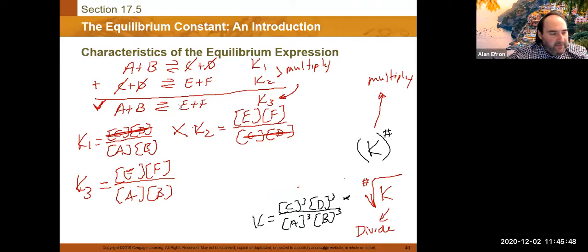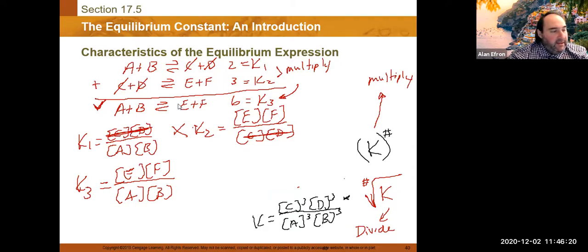So if you have to add two reactions together, or three reactions together, to get an overall reaction, and you're interested in what the K value would be for the overall reaction, you basically just multiply the K values together. So it's not add them together, which you might think you would do. You actually end up multiplying the K values. And again, if we put numbers in here, if this one was say 2 and this one was 3, that means that K3 would be 6 in this case, multiplying them together.